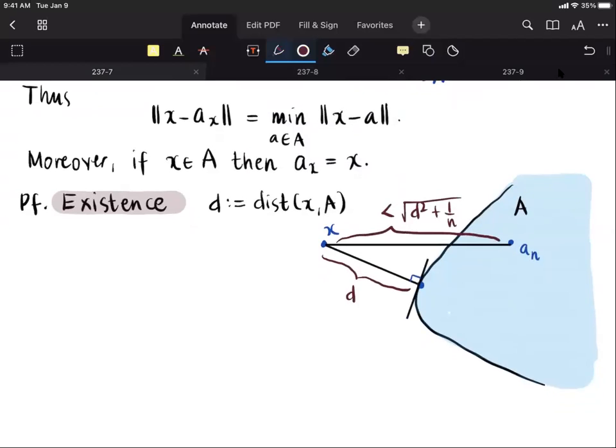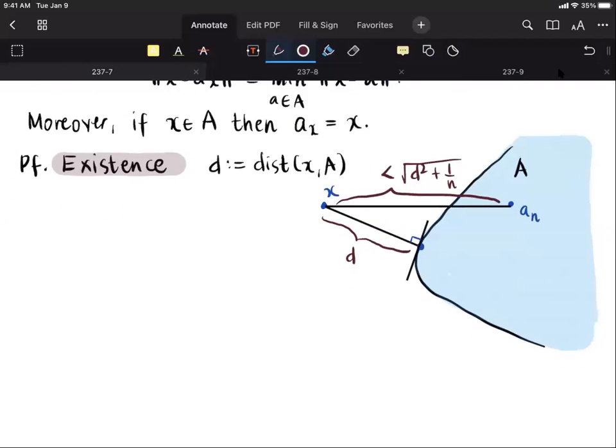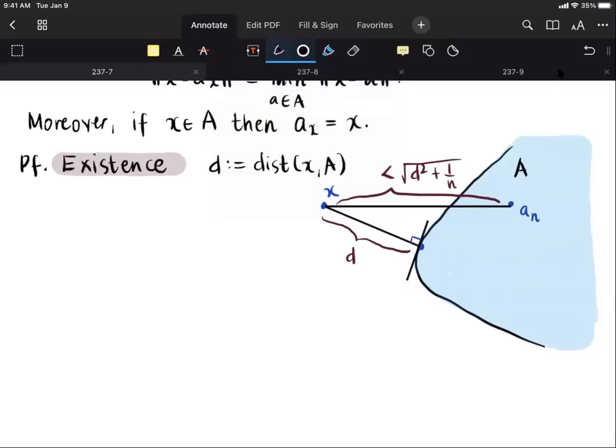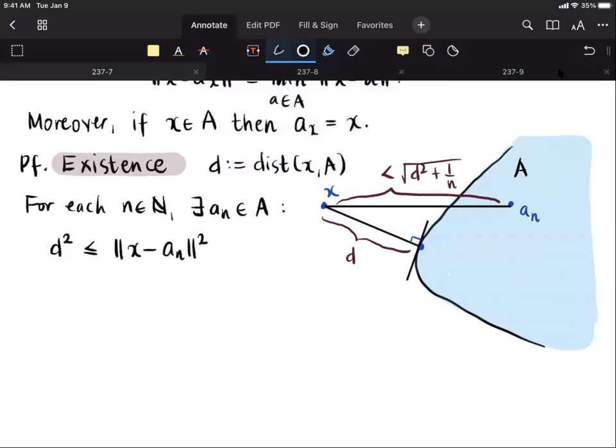So in that case, for each n a positive integer, we can find an A_n in A such that the distance between x and A_n, let's make that squared, is certainly greater than or equal to d squared, because d is the infimum.